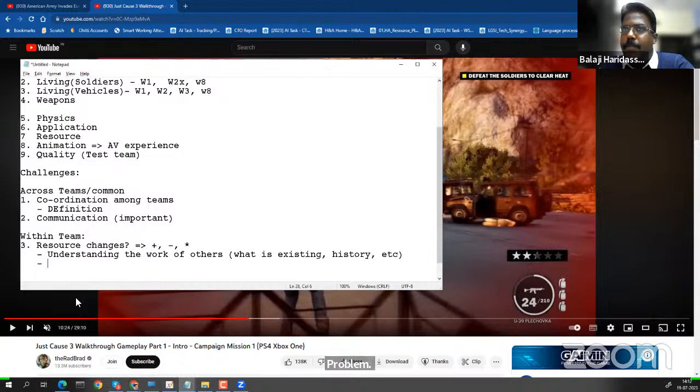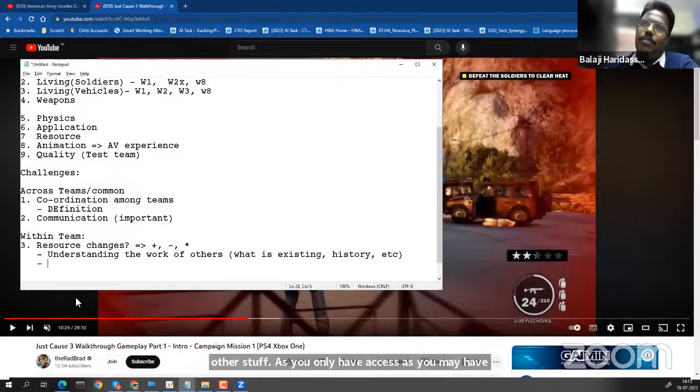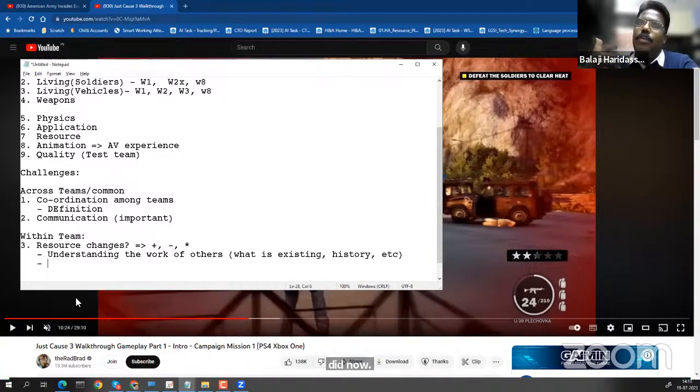Accessing the data? Assume you have access to the data. Accessing data is important, of course, with proper permissions and other things. Assume you have access. Assume you have everything. Assume you have understood what the other person did. Now you are trying to change the code. When you are trying to do that, do you think you may face any problems?